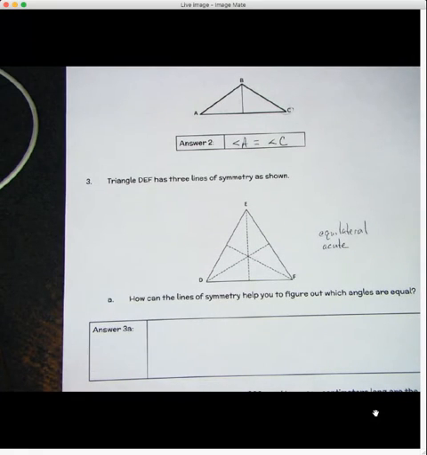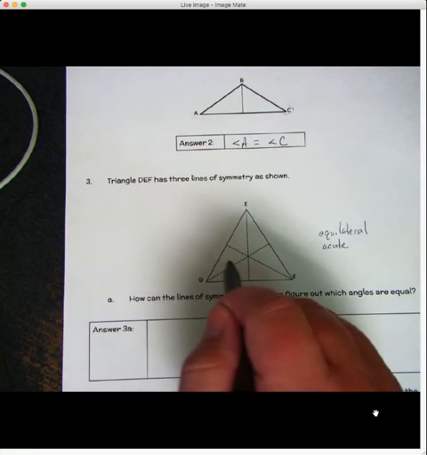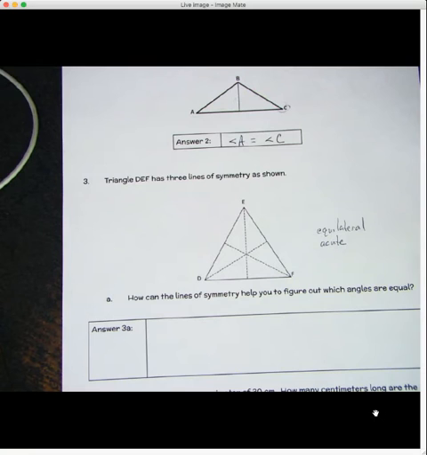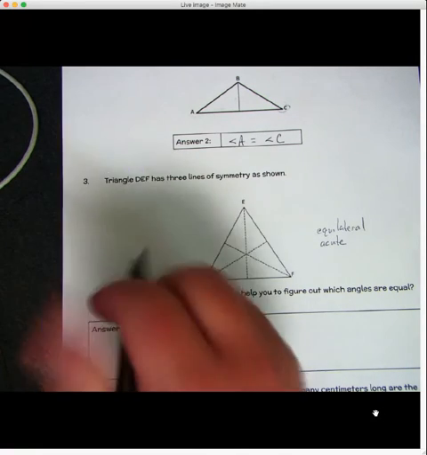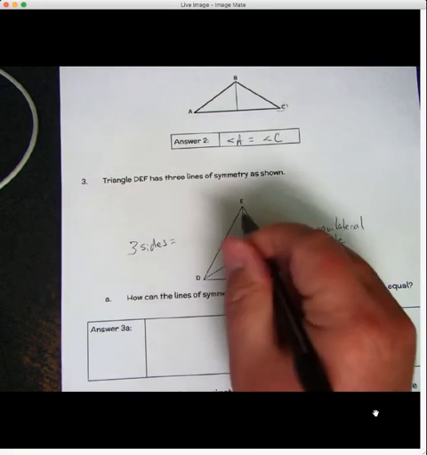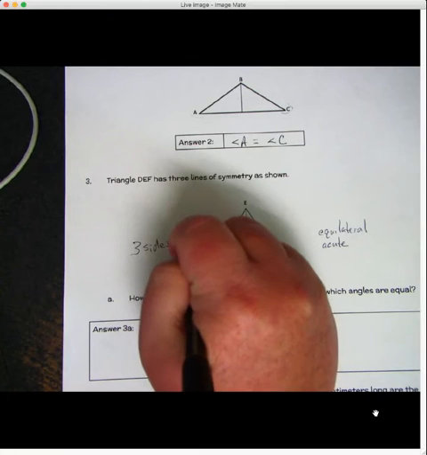We've got one more little question here. Triangle DEF has a perimeter of 30 centimeters. So all the way around this triangle is 30 centimeters. How many centimeters long are the side lengths? Well, how many sides are there? There's three sides. And if we add the length of all the sides up, we get 30 centimeters.